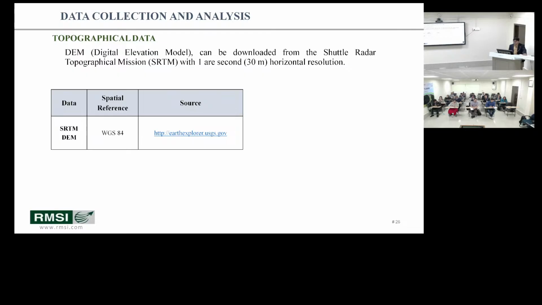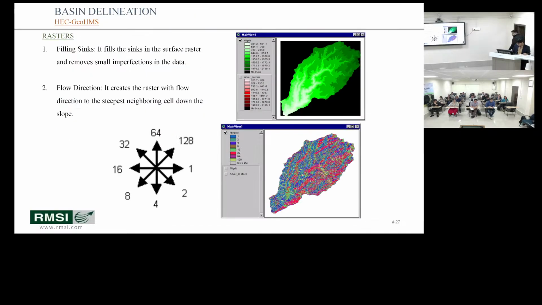The latest and commonly used model is SRTM, Shuttle Radar Topography Mission, with 30 meter by 30 meter pixel resolution, because this model has one elevation value for each 30 meter by 30 meter pixel. You can download it from this website if you define your coordinates; this will be covered in the tutorial. There are XYZ platforms from where you can download this model, and projection we already discussed.